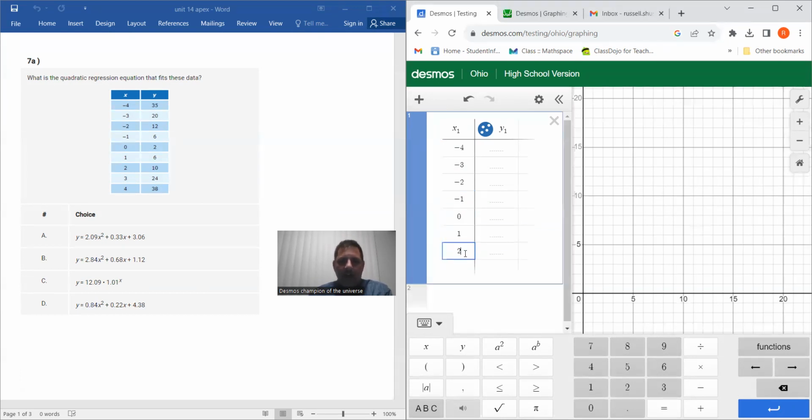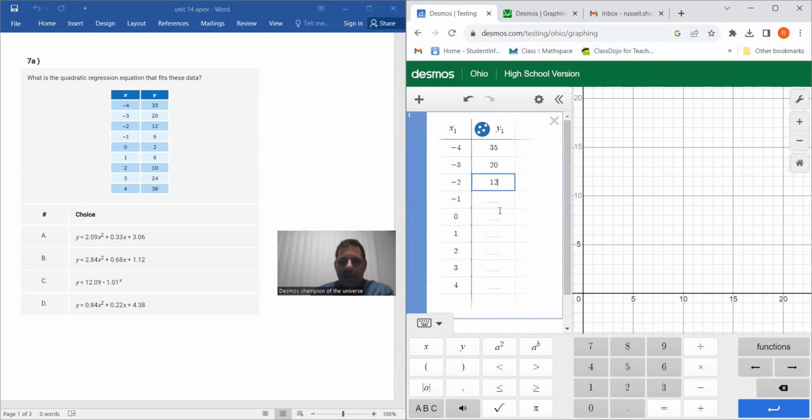I just kind of do that. But as long as you get them all in there and they all match up, it's not going to matter. And just be careful. If you type in a number wrong, it's going to throw everything off. So just make sure everything gets typed in accurately so you'll get the proper response.